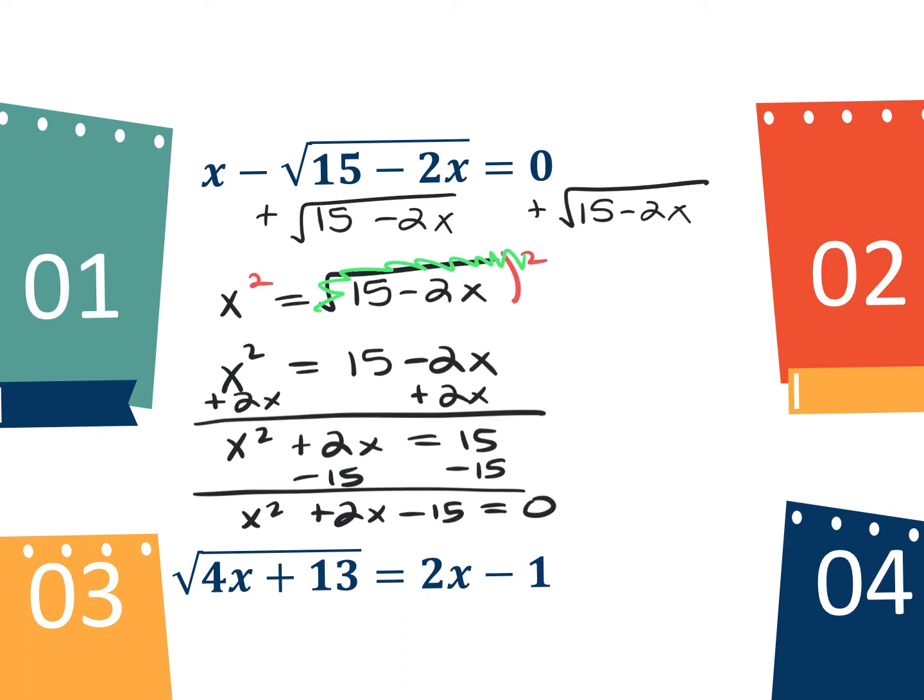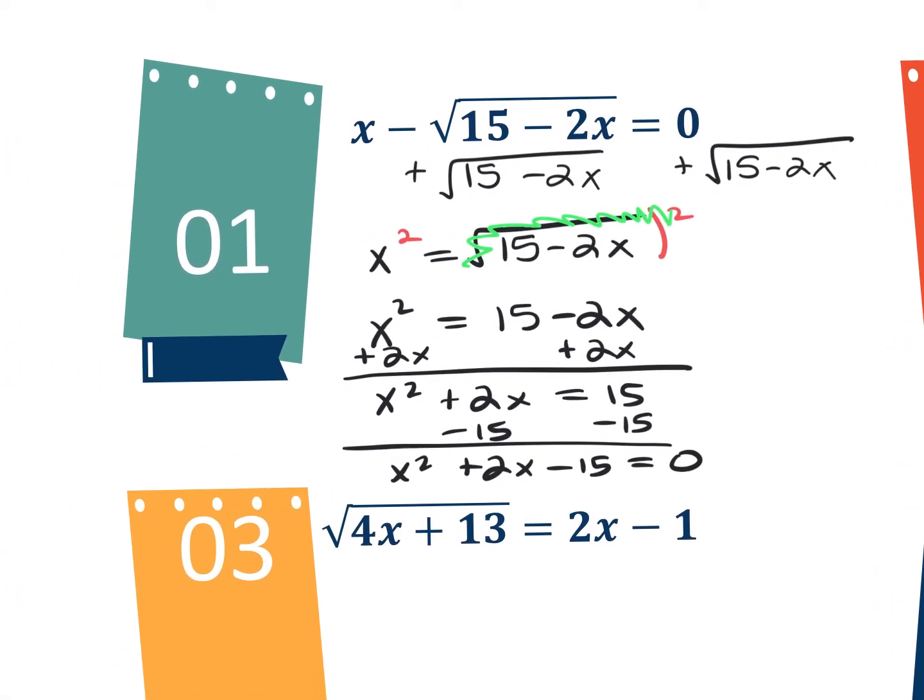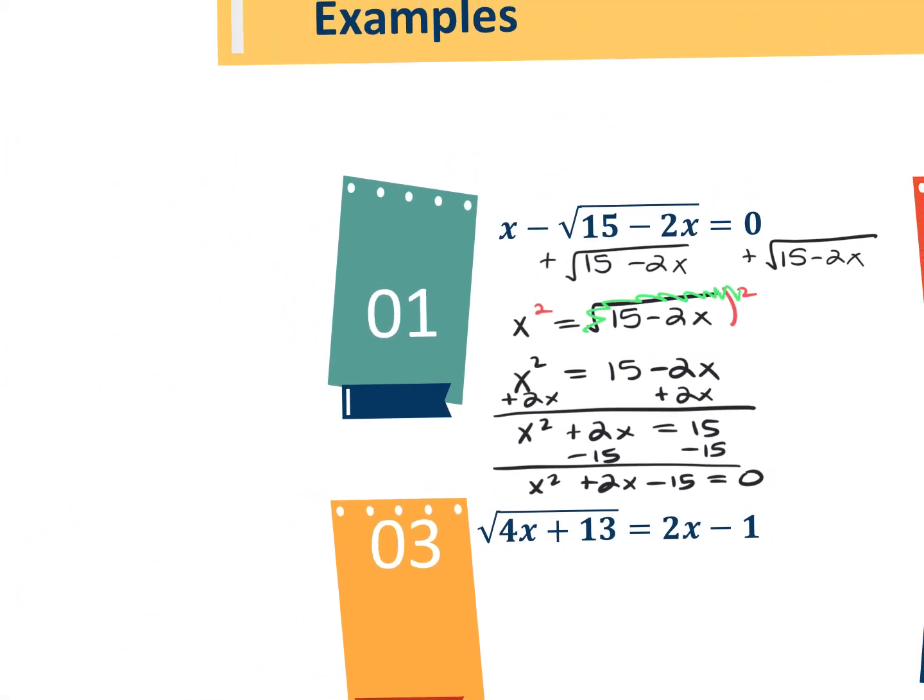Now I have a quadratic equation that I need to solve. At this point, you can choose. You can factor it, you can use the quadratic formula, or you can use completing the square. Honestly, factoring is the fastest, so I'm actually going to factor this one. I'm going to rewrite it up here so I have plenty of room.